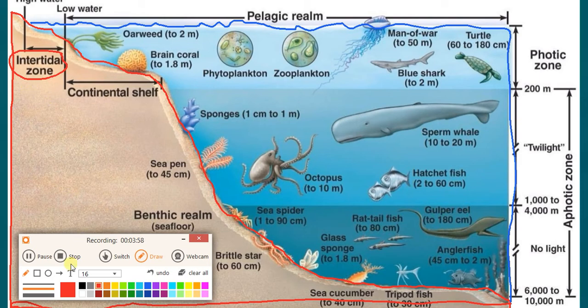The area that's above the continental shelf, so including this area often also in the intertidal zone, is known as the coastal area. So let's go ahead and put in that is the coastal area. Okay, so we have the coastal area here. And so that's all of this area above the continental shelf.